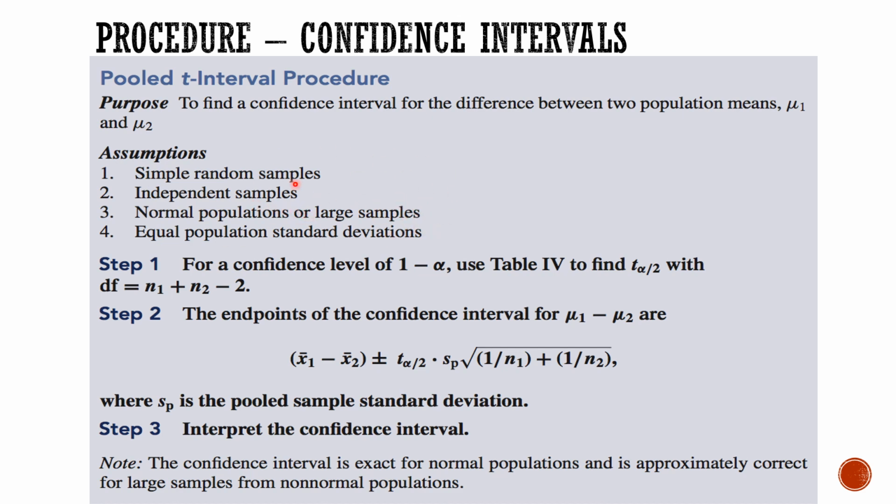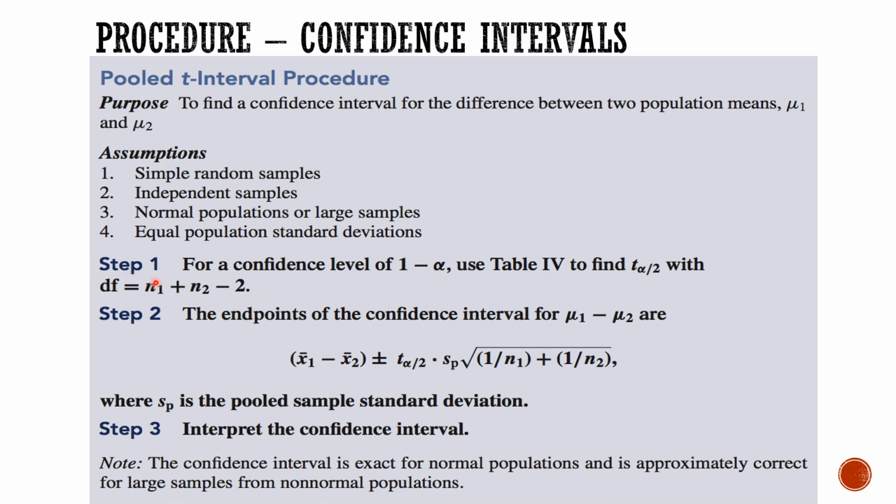So it has to be normally distributed, and equal population standard deviations is one of the main assumptions to use the pooled t-interval procedure. Again, the broad steps are the same for performing a confidence interval as what we learned for one population, except now that we are using a different DF.